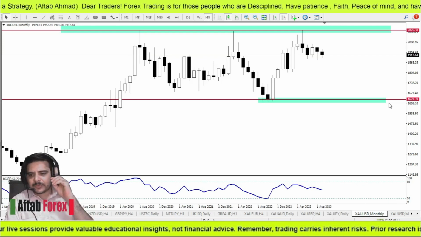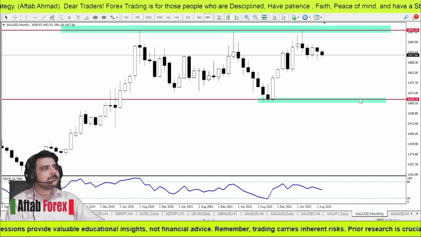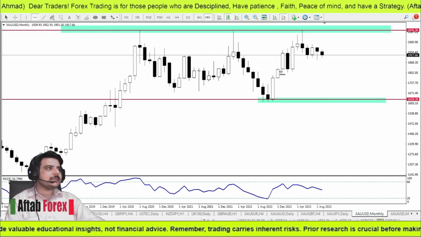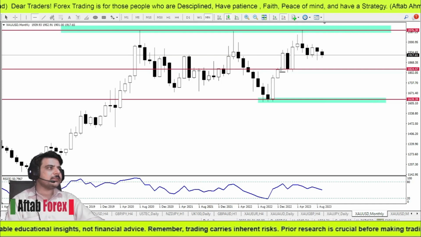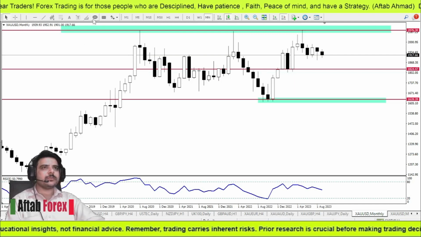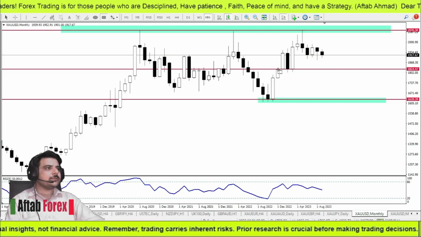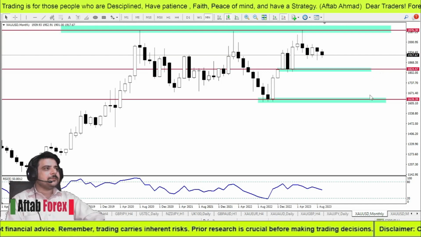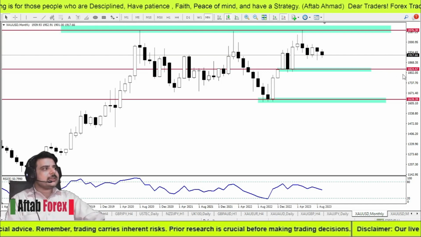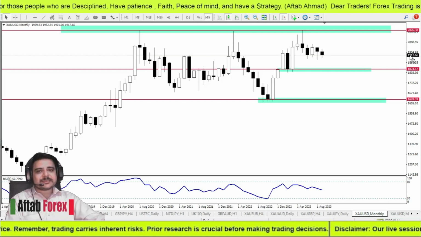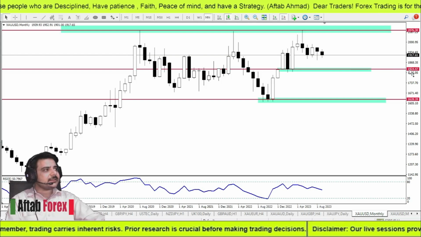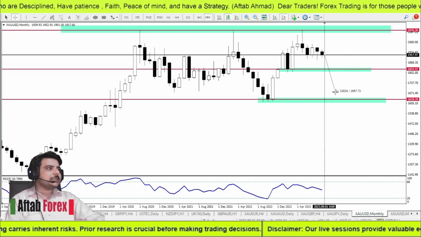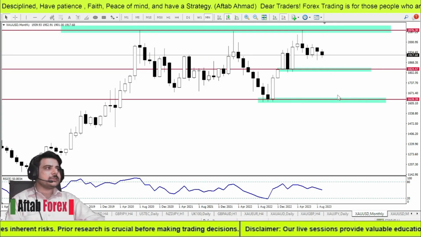And the other level I have is this one, 1824. So price is trading right here at 1917 and this is 1824, and I know that this will become so much long term.